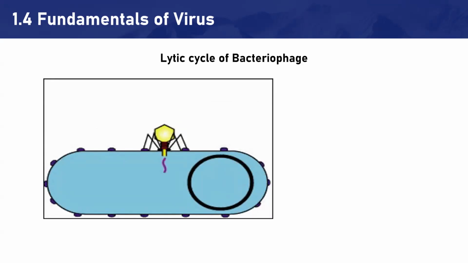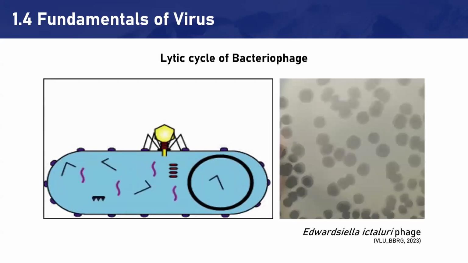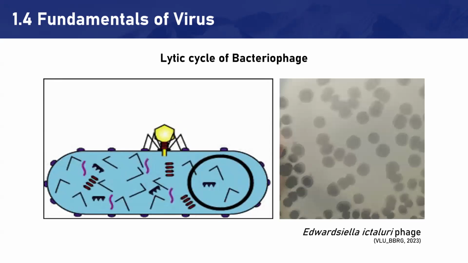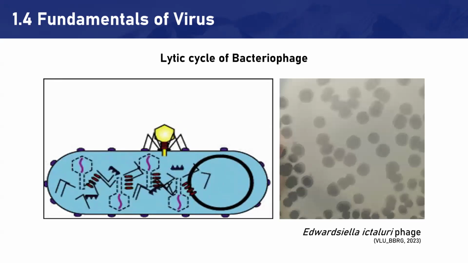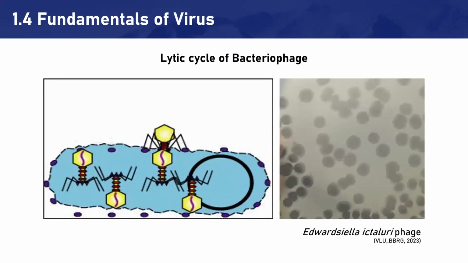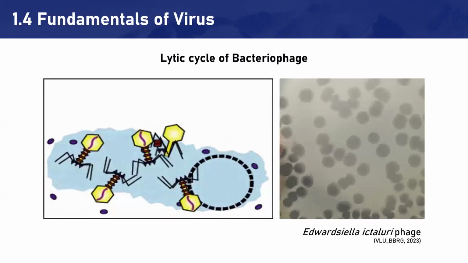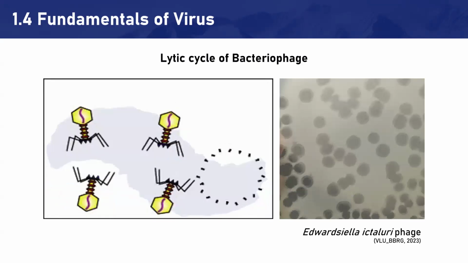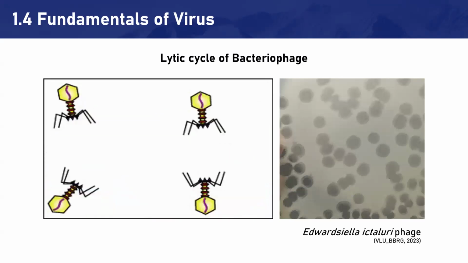They have to link together with a specific mechanism. In the picture on the right-hand side is the bacteriophage specific for Edwardsiella ictaluri. It is a bacterium that can cause disease in many types of freshwater fish like tilapia or catfish.